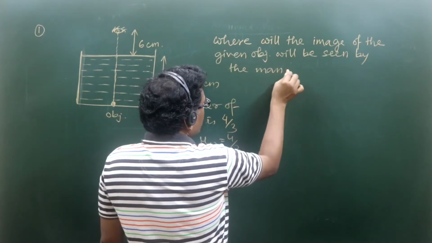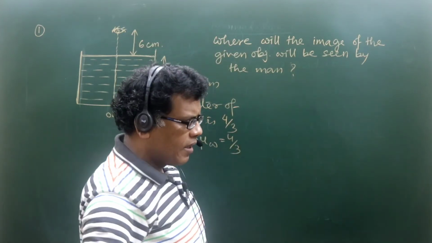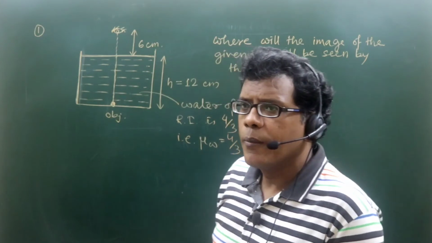The position of the man is said to be 6 centimeter above the water surface, right?